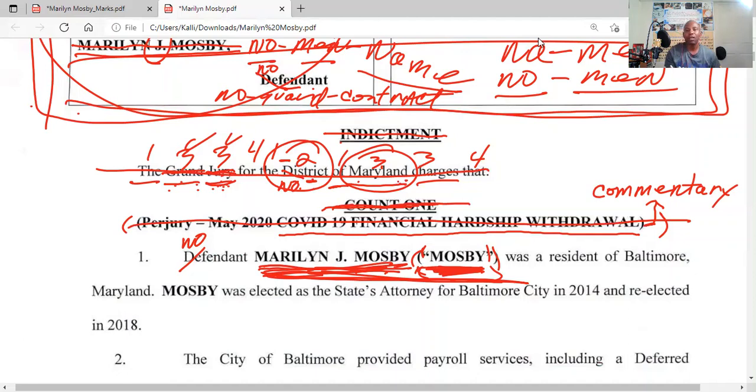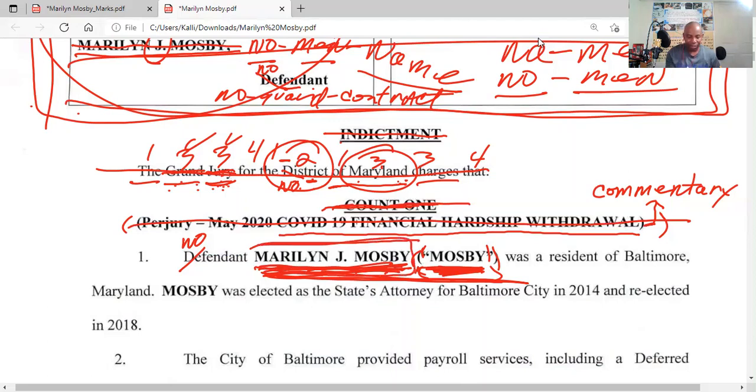It's like it was not even on the paper, because it's just commentary. It has no authority to join with any text that's on the paper or in the document. So they want us to believe that this is Marilyn Mosby's name, which it is not.